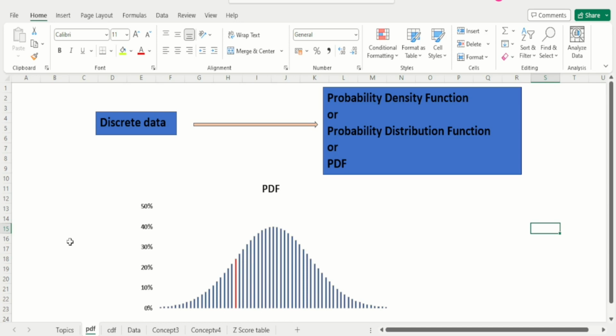For instance, if you look at the graph on the screen right now, you'll see a red colored column on the graph. If we want to find the probability density for that value of X, that's what the PDF will return. The height of the column gives you the probability, and the value of that column on the X-axis is the value of X for which you're trying to find the probability.